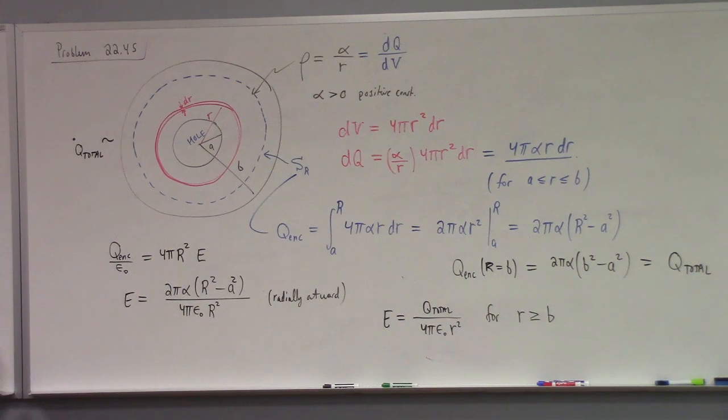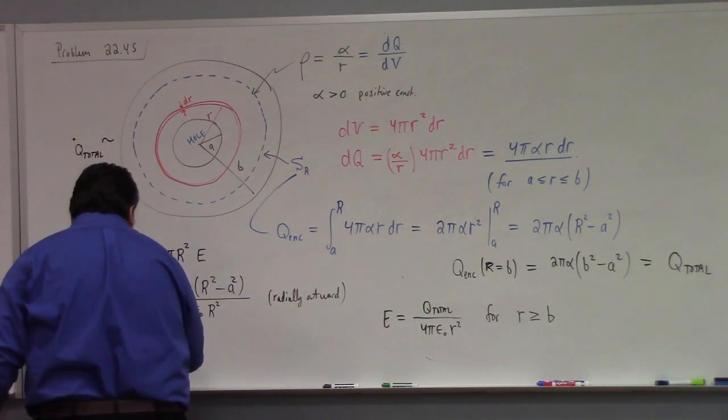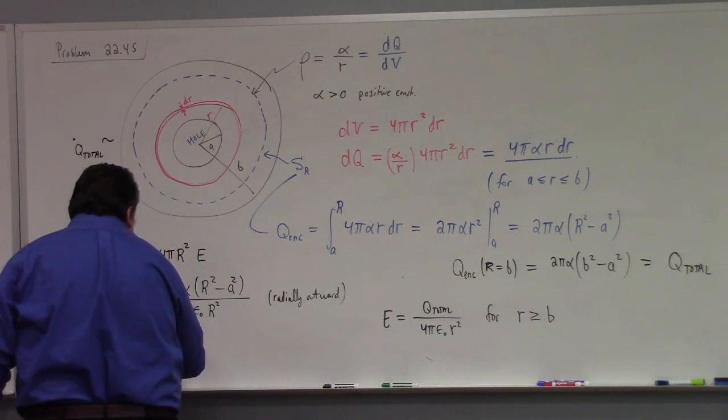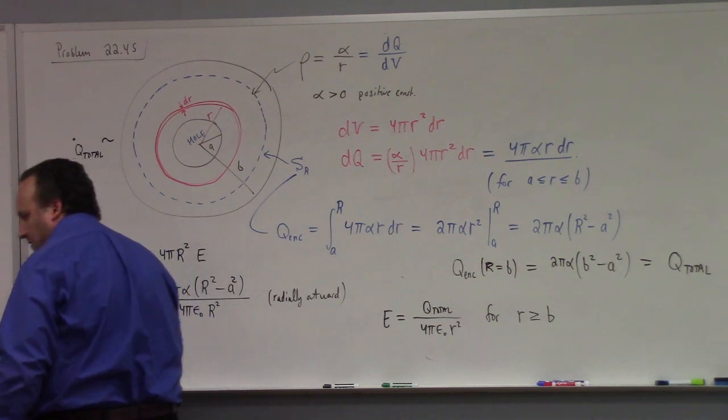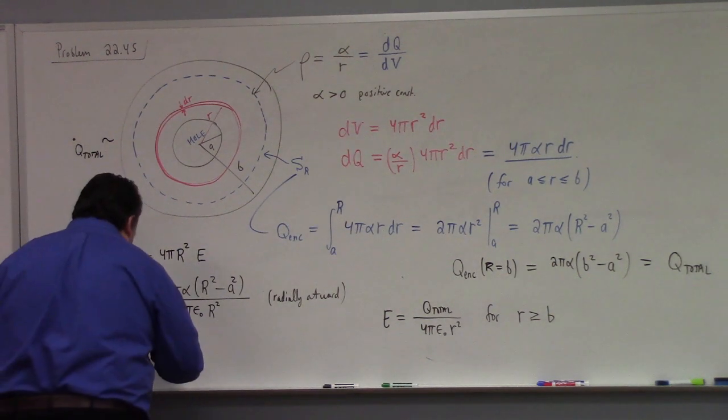So the book has alpha over 2 epsilon naught times 1 minus a squared over r squared. Is that what you said? Yeah. So this is alpha over epsilon naught. Did they put a... They kept the 2. Alpha over 2 epsilon naught.